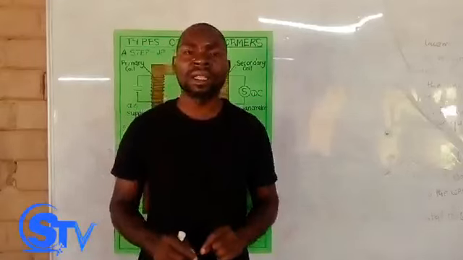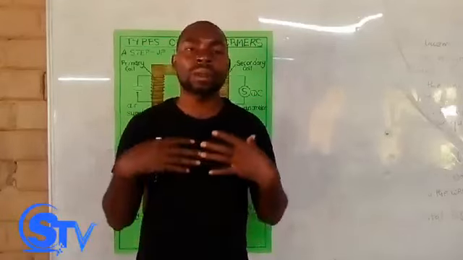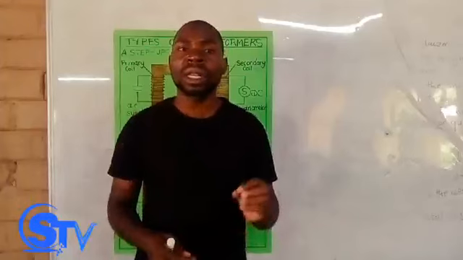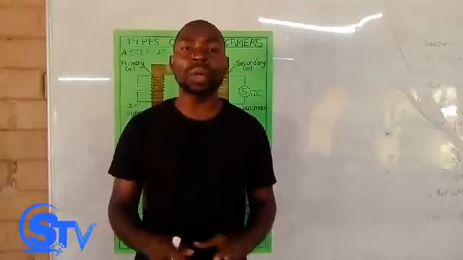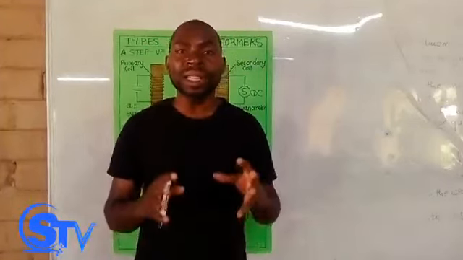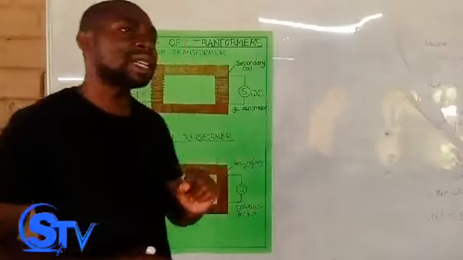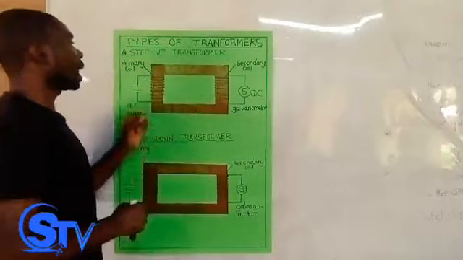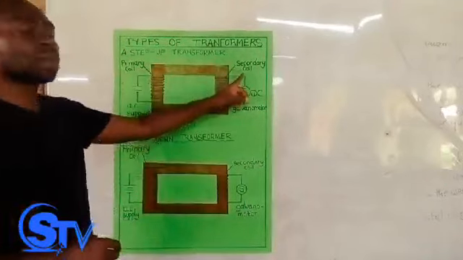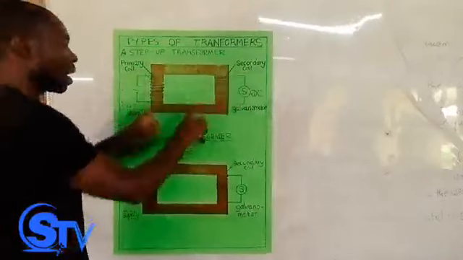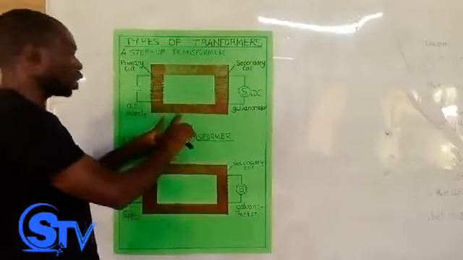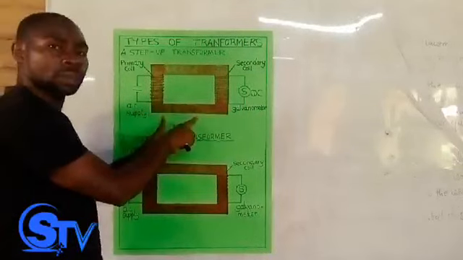For us to understand this mechanism, let's look at the word mutual induction. In mutual induction, we need to understand that a transformer is made up of the primary coil and the secondary coil. Both are coiled or attached to the soft iron core.